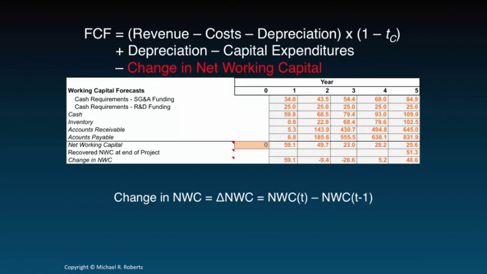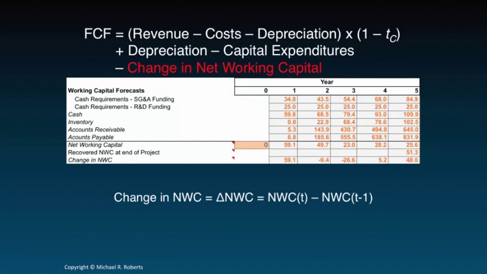And on and on and on. And in the last year, we would have 25.6 minus the 28.2, but then we have to add back in the 51.3 to get net working capital of 48.6, which reflects recovering all that working capital at the end of the fifth year.